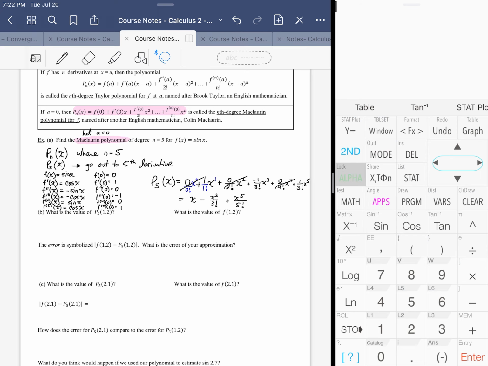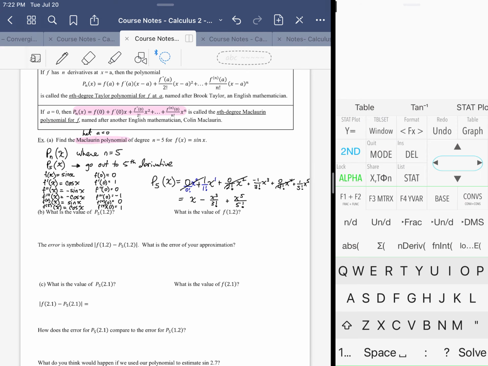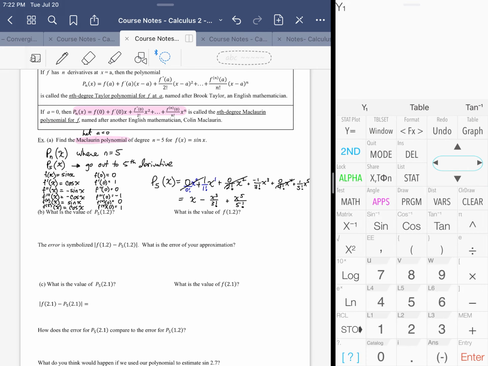What you can do instead is go to alpha. You'd hit alpha trace. It's a little different on my screen. Yeah, alpha trace is what you would do. So I'll put in y1. That's actually the original function.